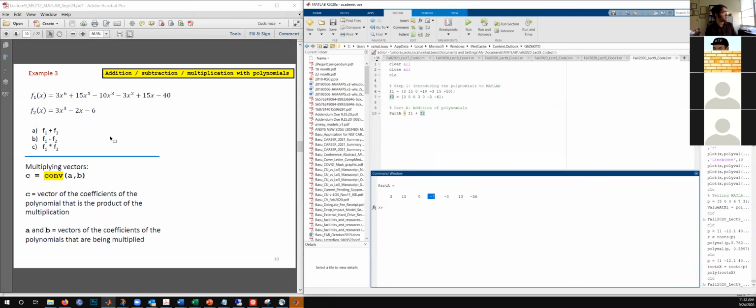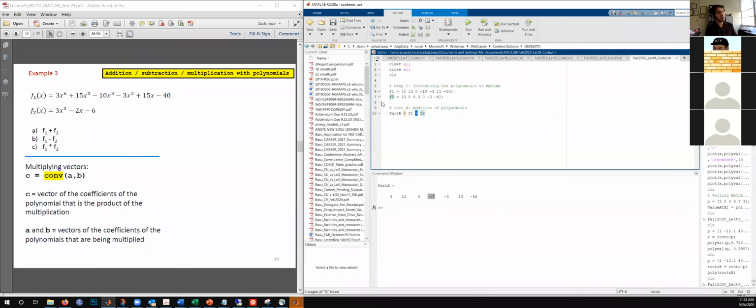So you can just double check your work by summing them up on your own. But in general, the addition is quite easy. You just use this addition symbol as long as the orders of the polynomials are set correctly. So let's now go to the second part. So part B is subtraction of polynomials.